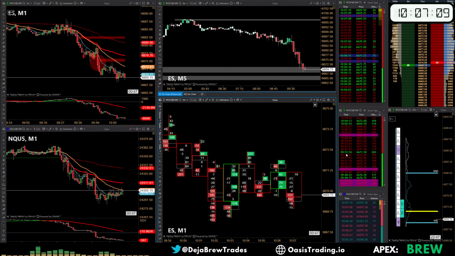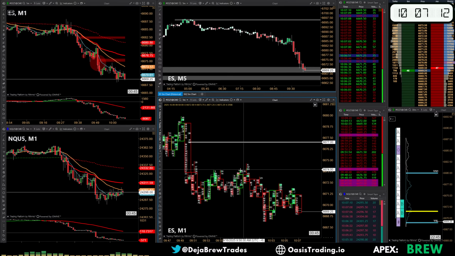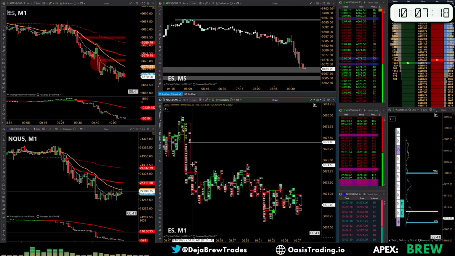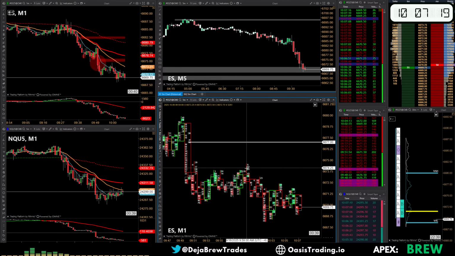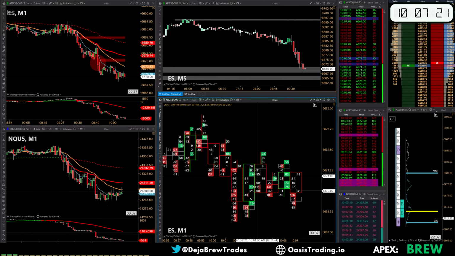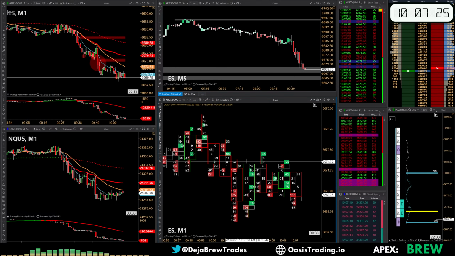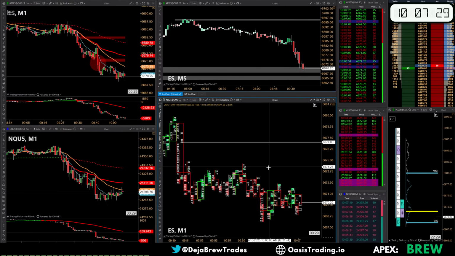Just not seeing any sustained buy pressure. You can see the market structure here. The highs of the clusters are just not finding any buyers. All the highs of these candles come up, fail, come up, fail, come up, fail. You're just not holding any value on these highs.